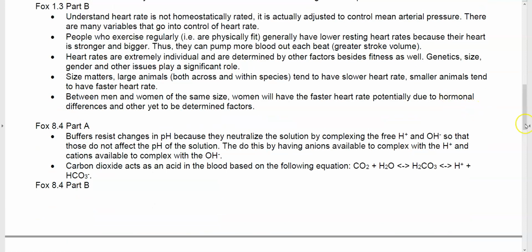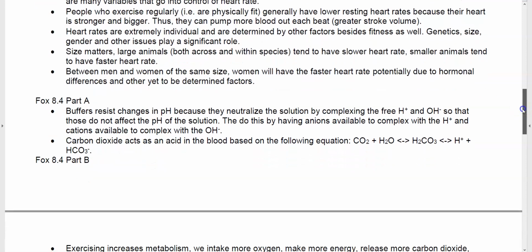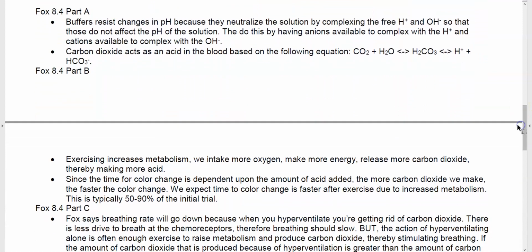The other part of FOX for number 2 is 8.4. So 8.4 had 3 parts. The first part was about buffers and how they resist changes in pH. They neutralize the solution by complexing the free H plus or OH minus, so that doesn't affect the pH of the solution. So understand how buffers work, and understand how carbon dioxide acts as an acid in the blood. That's this equation here.